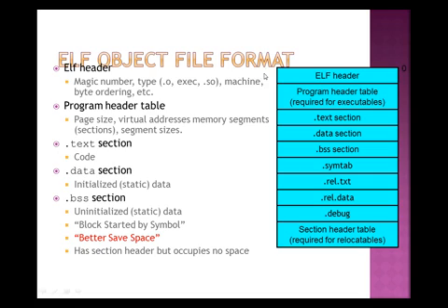Then there is a program header table that is required by the executables and contains information like page size, virtual address, and segment sizes. Then there is a text section that contains the code, a data section that contains the initialized data, and a BSS that contains the uninitialized data.